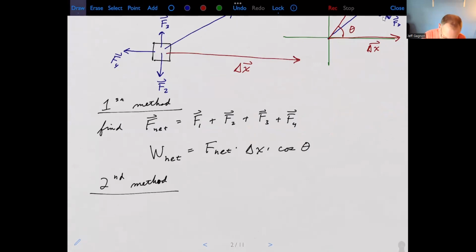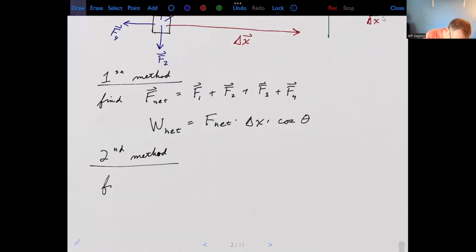In this case, what you do is you find the work done by each individual force first. So I'd find the work done by F1. So that would be F1 times delta X times cosine, I'll call it theta 1, where that angle, theta 1, is the angle between F1 and the displacement, right? Then I'd find the work done by F2.